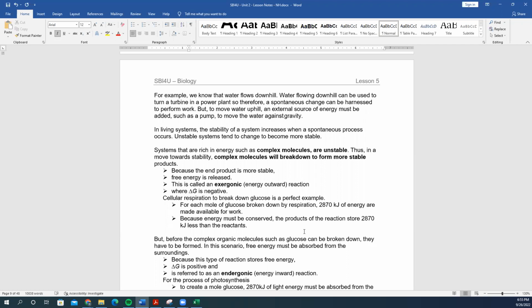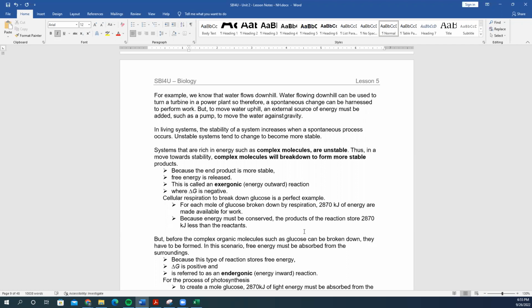So when you have systems that are rich in energy, for example, these complex molecules, these are typically not very stable, and so they will tend to move from instability to stability.